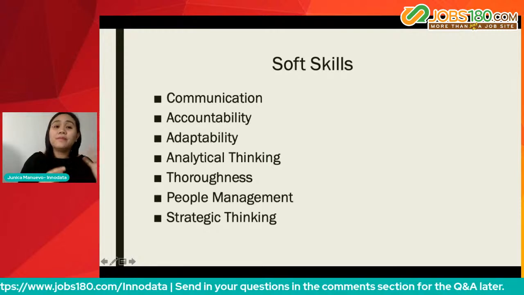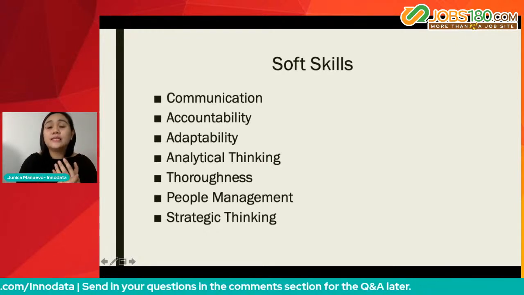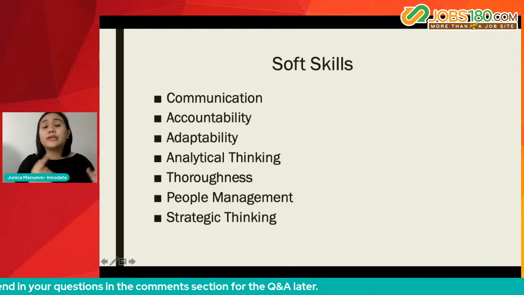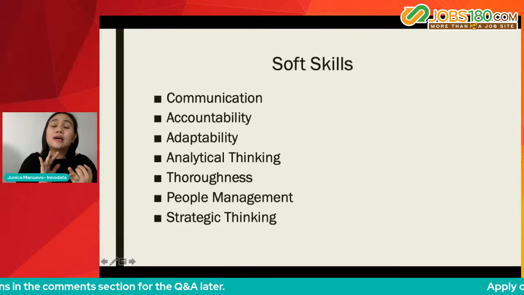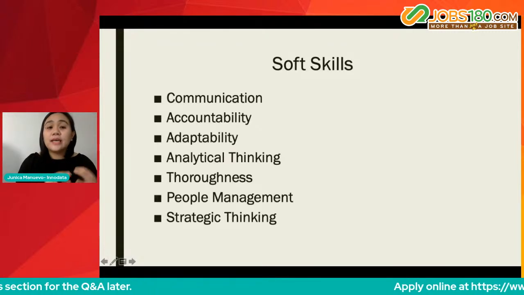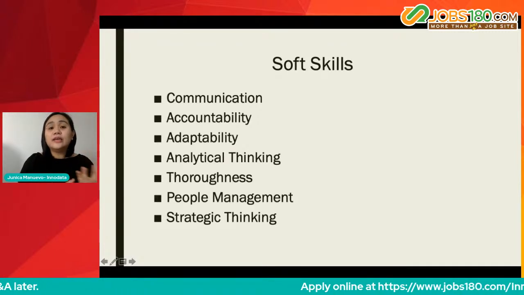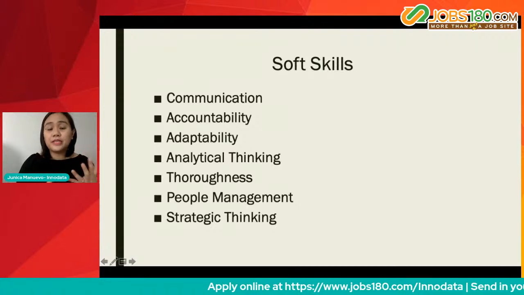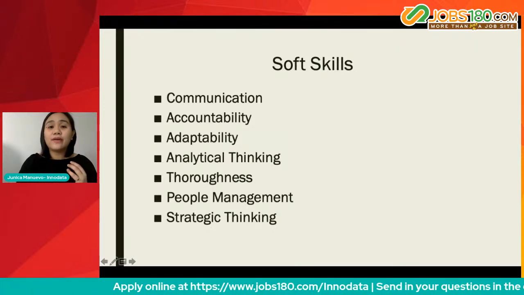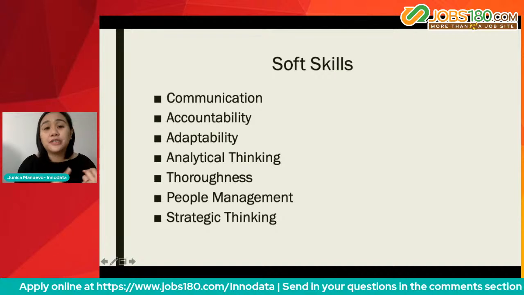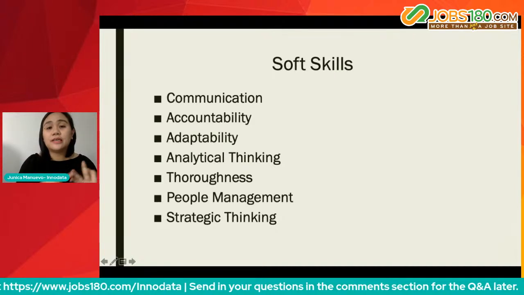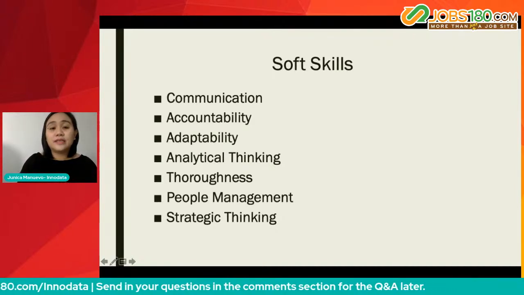If you are applying for a job that is related, say for example, to marketing, sales, or customer service, then one of the skills that employers will look for is someone who has good presentation skills, good negotiation skills, or good customer service skills.